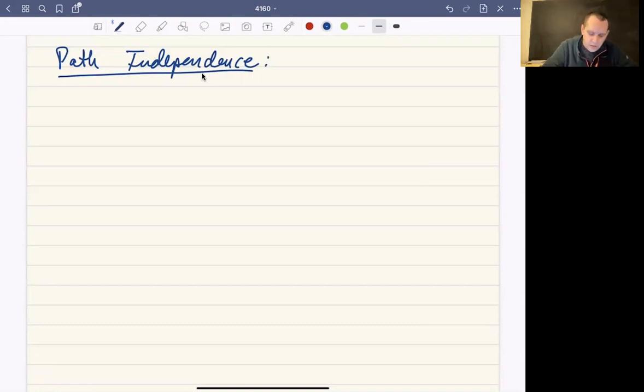Let's say gamma describes some curve, and gamma of t is the equation of that curve where t goes between a and b. And if we have another parameterization, let's call it sigma, and sigma of t has values between c and d.